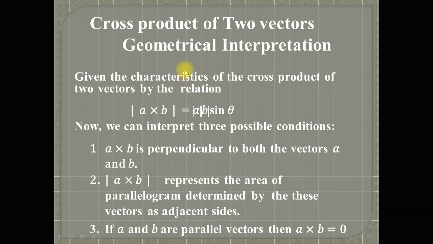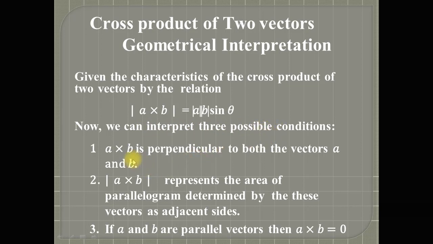Now, cross product of two vectors, geometrical interpretations. Given the characteristics of the cross product of two vectors by the relation magnitude of A cross B is equal to magnitude of A times magnitude of B times sine theta, we can interpret three possible conditions.